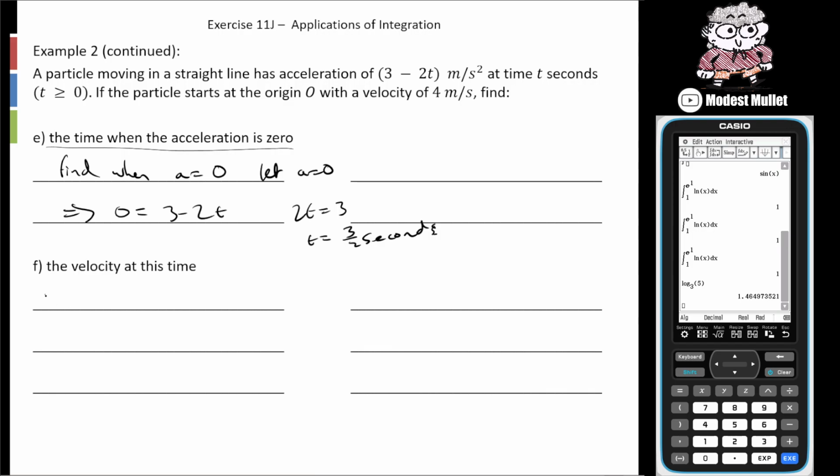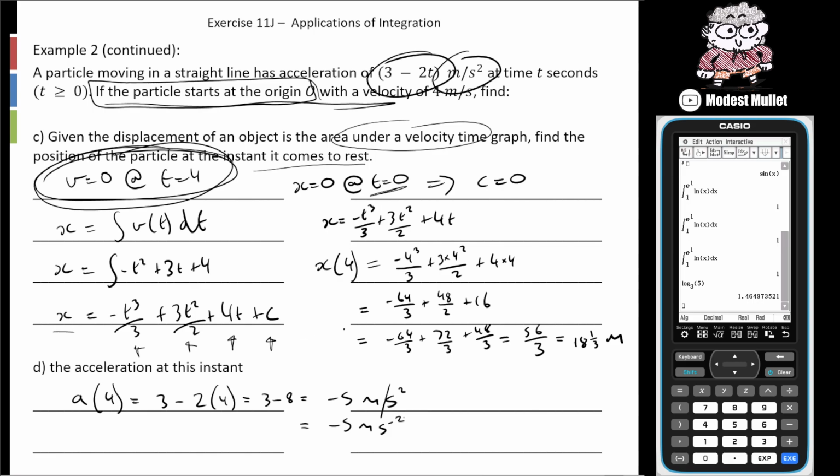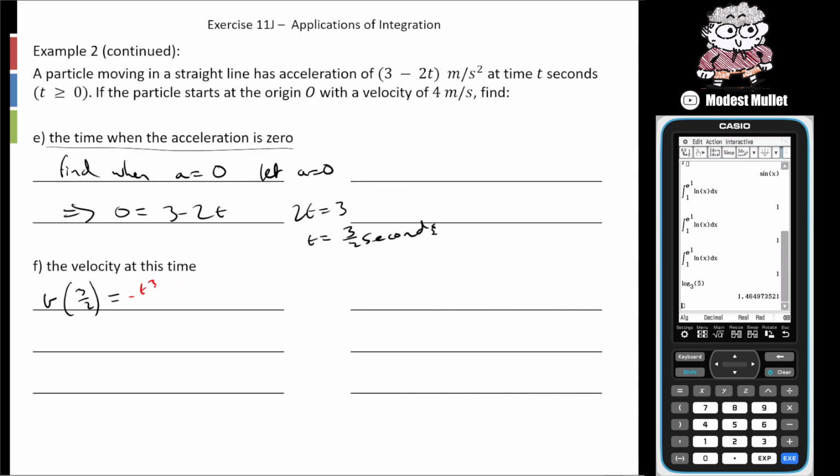Find the velocity at that time. So we just need to find the velocity at 3 on 2 using our velocity equation, which we have here: negative t cubed on 3 plus 3t squared on 2 plus 4t.